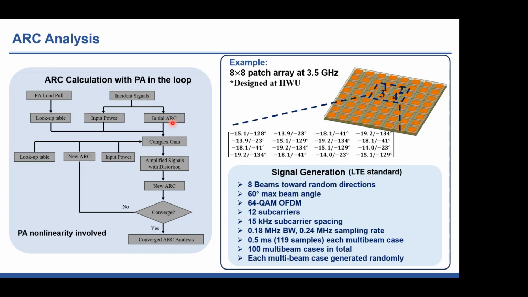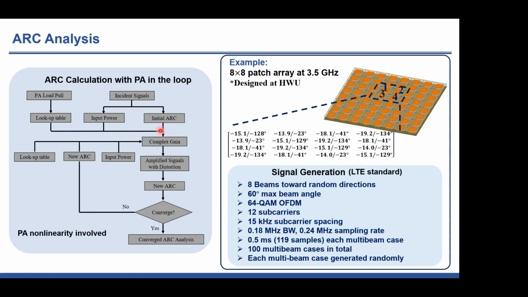Once we have the reflection coefficient and the input power from the incident signals, and we have the lookup table of the PA, we can search the complex gain of the PA for the signal, and with the signal amplified by the amplifier, we can again calculate the ARC, and we can compare the ARC with the initial ARC.